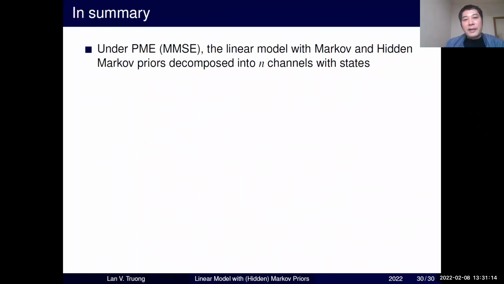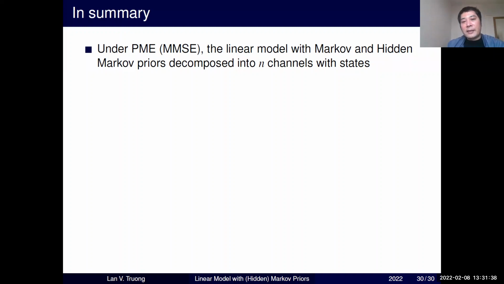So in summary, in this talk, I mentioned the linear model with Markov and hidden Markov priors. We consider the activation problem, and we show that the activation problem in n-dimensional can be converted to an activation problem in only one-dimensional. However, the channel here is a channel with state.